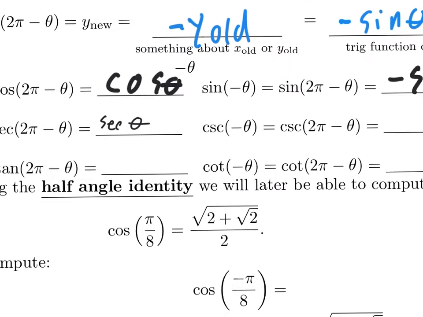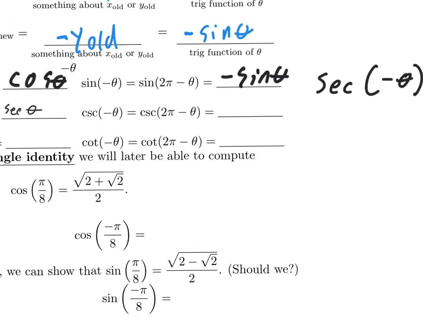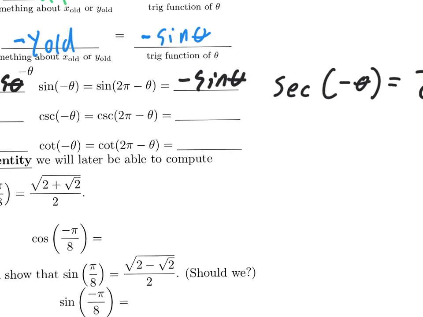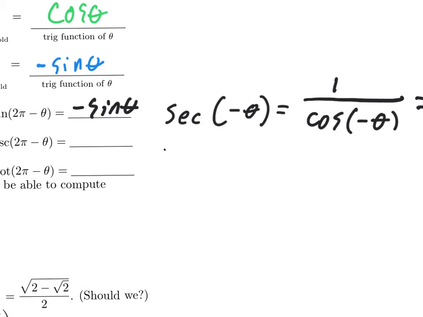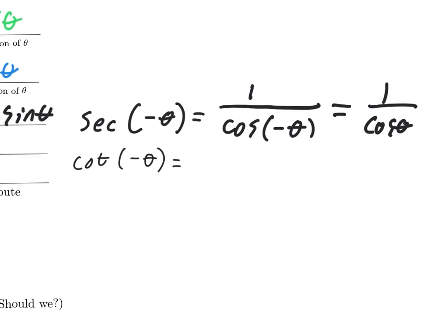And maybe just in the interest of doing one where it does actually change, let's figure out the same thing for cotangent. Let's compute cotangent of negative theta. Well, what is cotangent? Cotangent is cosine over sine.